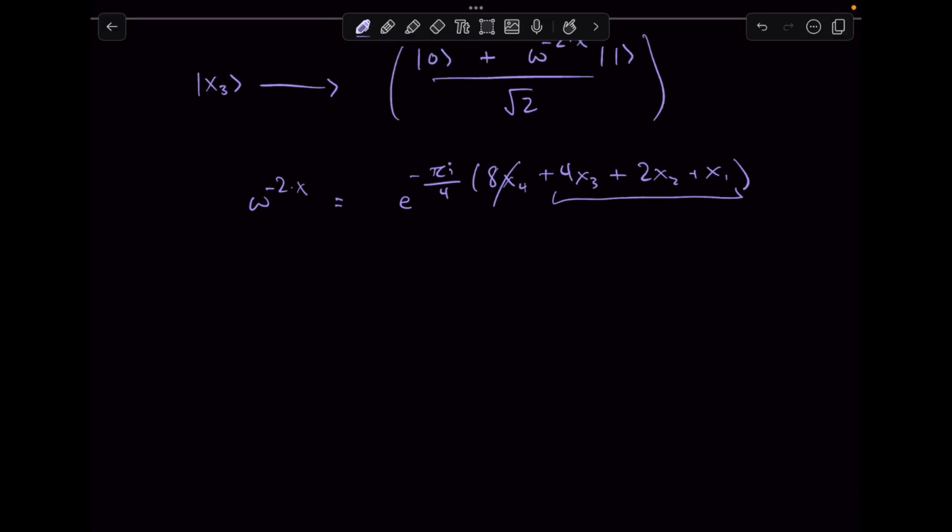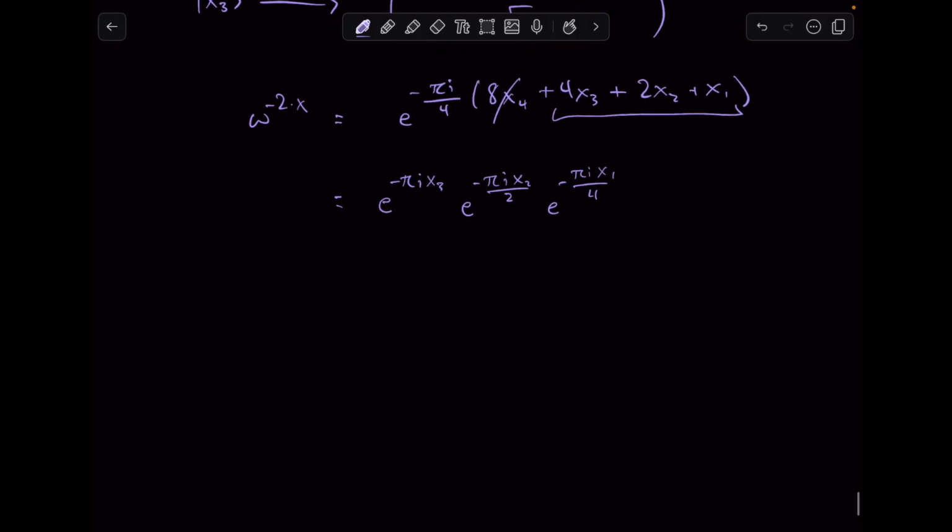Okay, so we're going to distribute everything in this product in the exponent. Now knowing that we don't need this x4 bit, what we have is e to the minus pi I x3, e to the minus pi I x2 over 2, and then this thing.